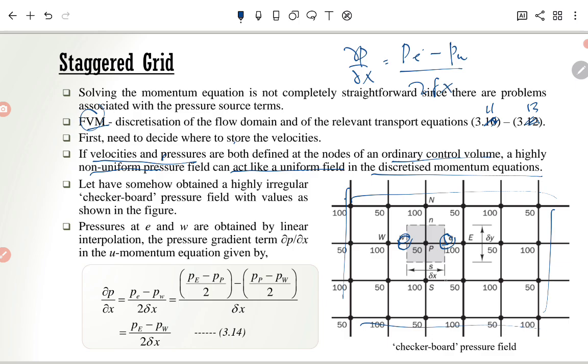Similarly, we can write down pe minus... sorry, not 2 here, because from here to here is delta x, so only delta x, not 2.